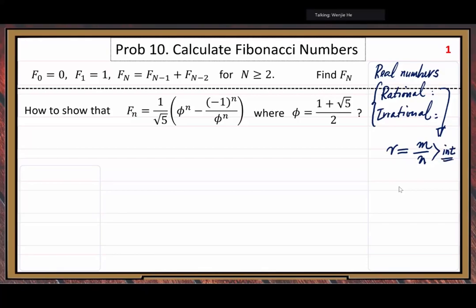If a real number can be represented as a ratio of m over n, then we call it a rational number.